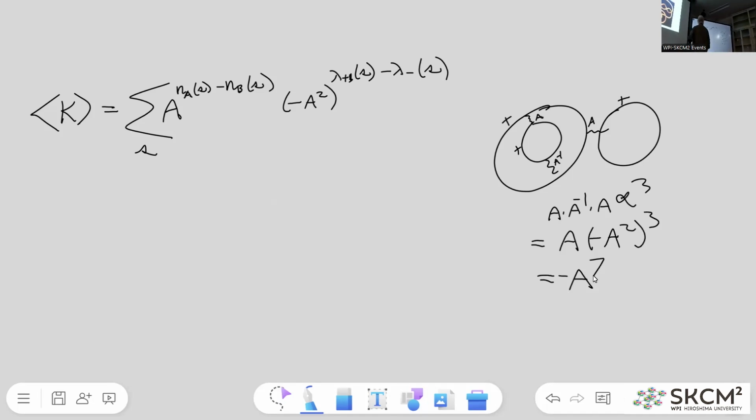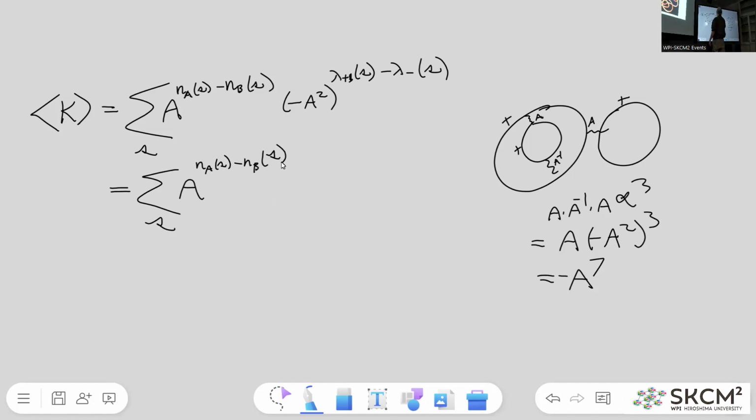So it's a monomial. And if we wanted to write it all out as an exact monomial here, it will be the sum over S of A to the number of A minus the number of B times, we could just abbreviate this as lambda of S, times minus 1 to the lambda of S, and A to the twice this, so that's A to the 2 lambda of S. So that's plus 2 lambda of S. And so now we have it.